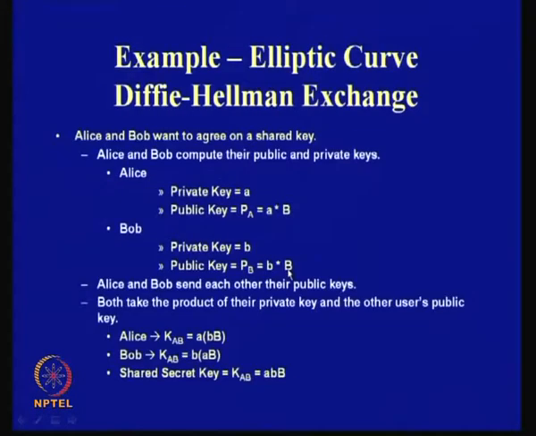Okay. So, the details are like this: Alice has a private key A and a public key P_A, and similarly Bob has a private key B and a public key P_B.